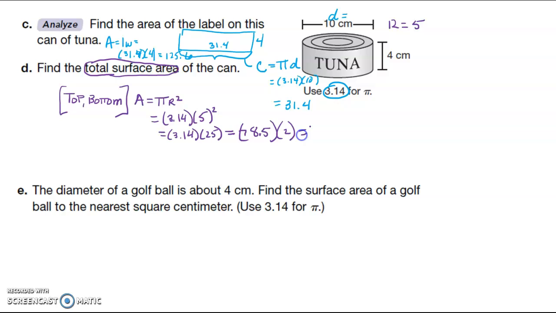Times 2. I get 157, and then I'm going to add in the label. Okay, so 125.6. And for my total surface area, I get 282.6.